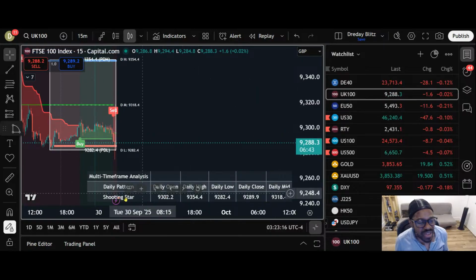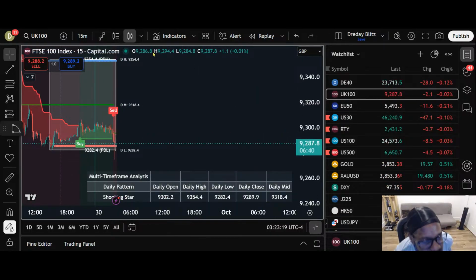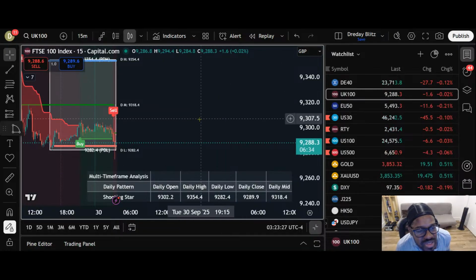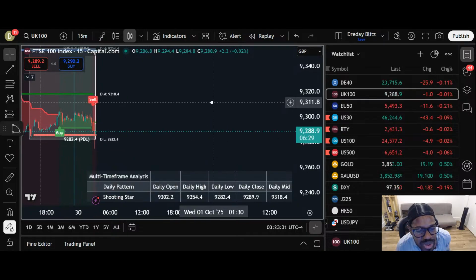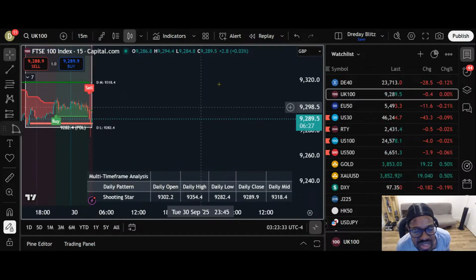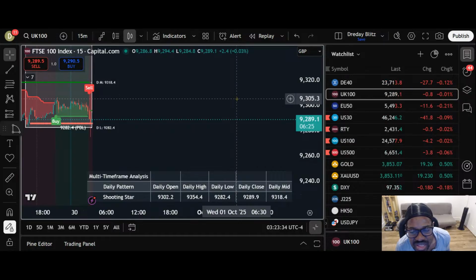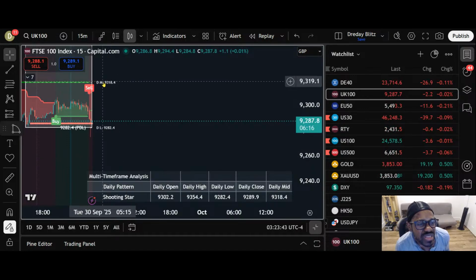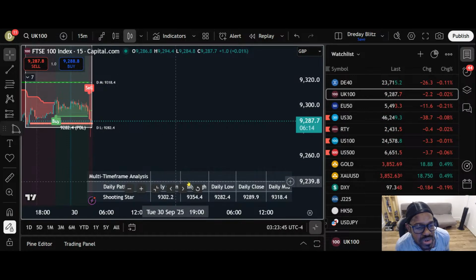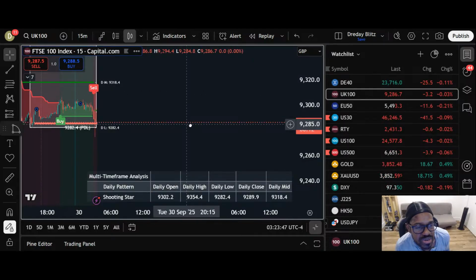The dashboard is provided to you and gives you all the details: the open price, the daily high, the daily low, the daily close, and the daily median. If you don't want to see the small numbers on the chart, you have them on the dashboard.